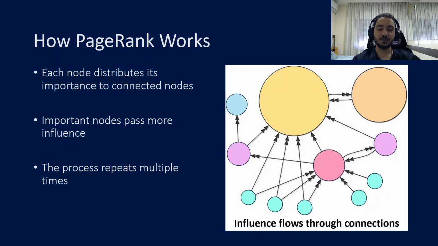This process is repeated multiple times, allowing importance to flow through the network. And over time, the values stabilize, and we get a ranking of nodes based on their influence. This iterative method allows PageRank to capture both direct and indirect influence.